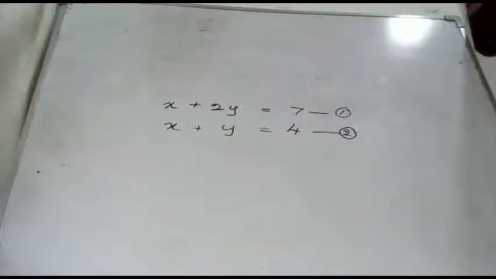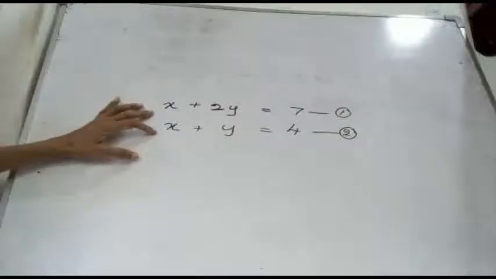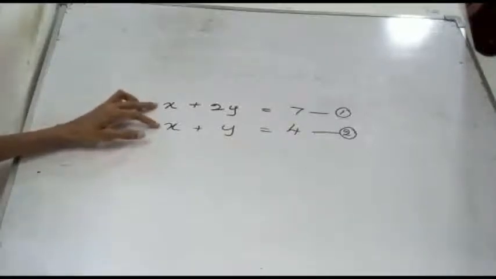In these equations, the coefficient of x is equal. Therefore, to eliminate x, we must subtract one equation from the other. Signs are also the same.